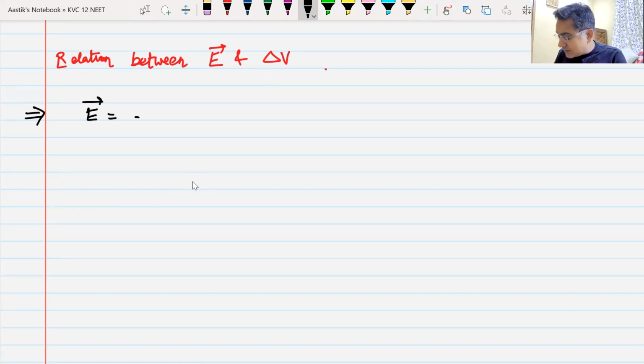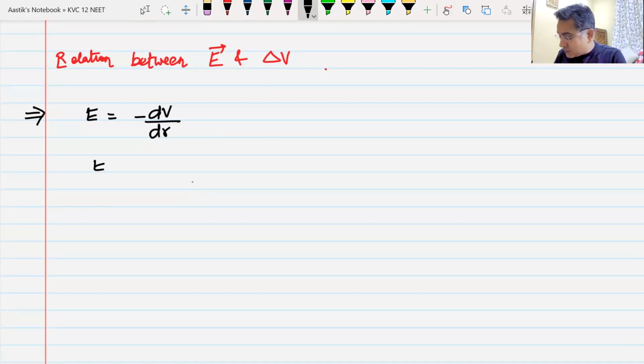E, if I write it not vectorially but scalarly, can be written as minus dV by dr. It is the negative derivative of V with respect to r.